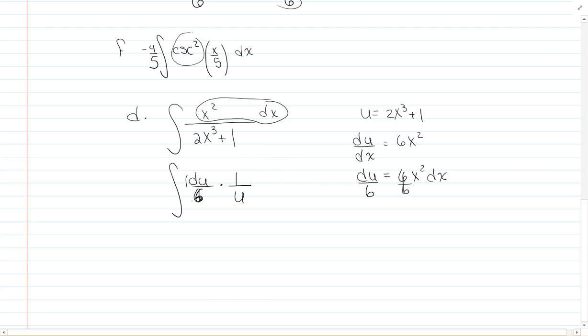So pull the 1/6 out in front, integral of 1 over u du, which, if I remember right, that might be a natural log. And then plug in the 2x cubed plus 1. And then plus c. I'm not checking my answers here, so I'm hoping that's right.